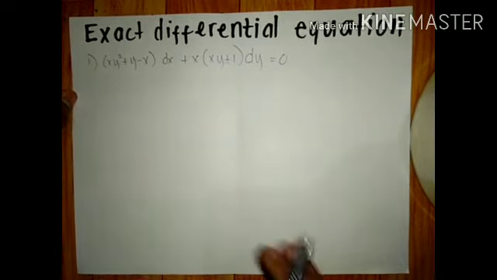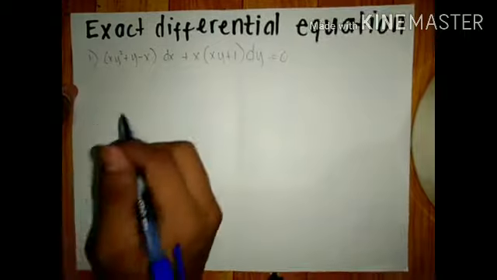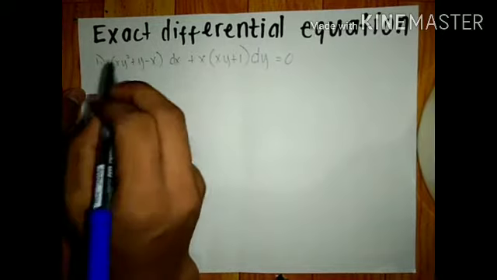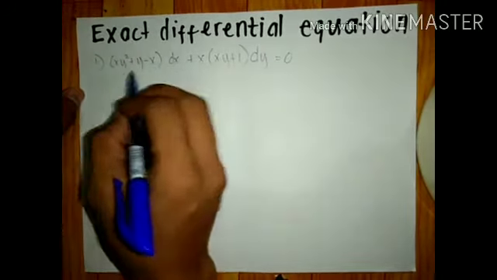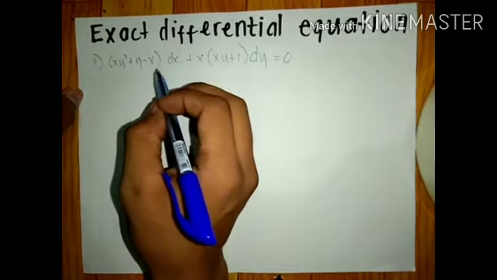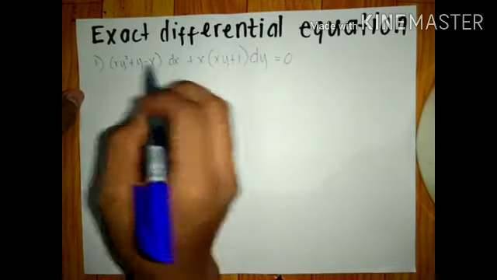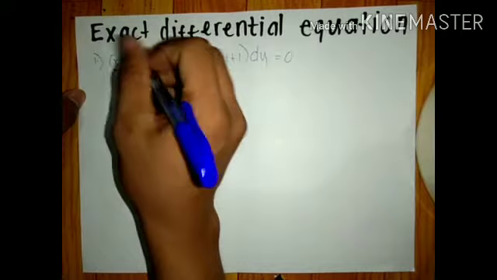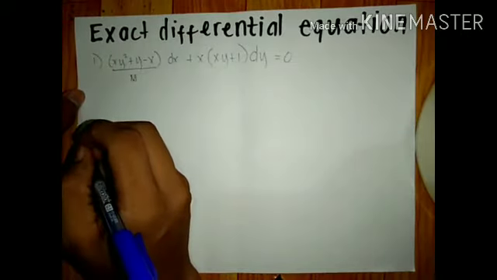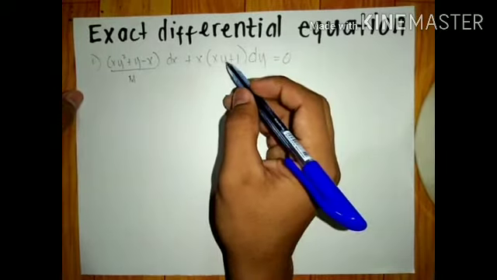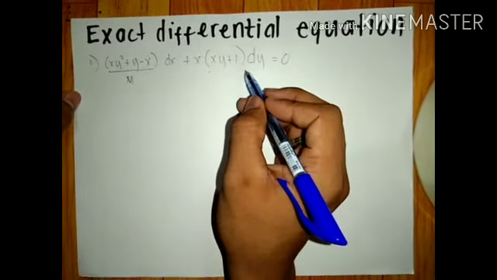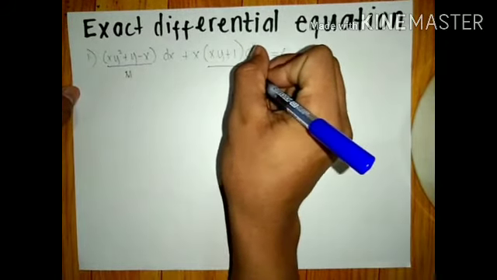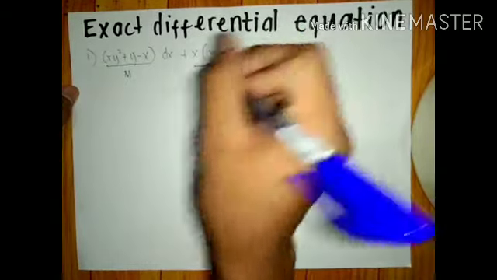As we know from my previous video that I have discussed, all the terms containing x and y with the dx, that is M. And all the terms containing x and y with the dy is N.